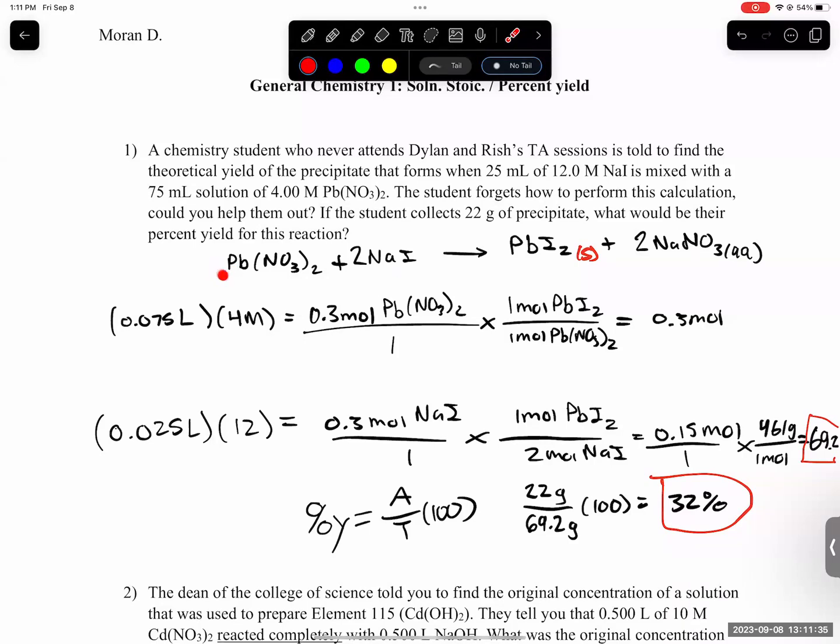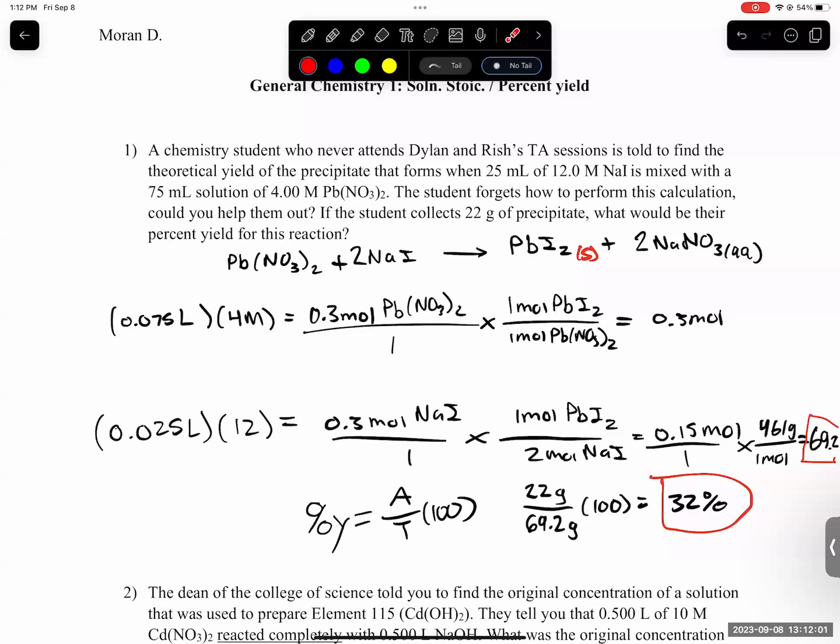The cation of this one pairs up with the other anion, in this case iodide, so PbI. Make sure you carry the charges over to get PbI2. And then sodium and nitrate will come together to make sodium nitrate. So it's just a double displacement reaction.